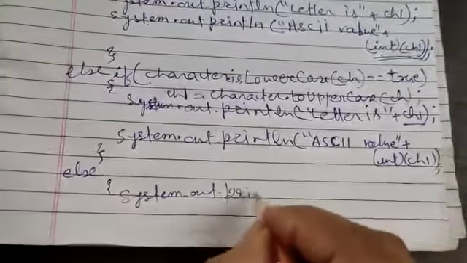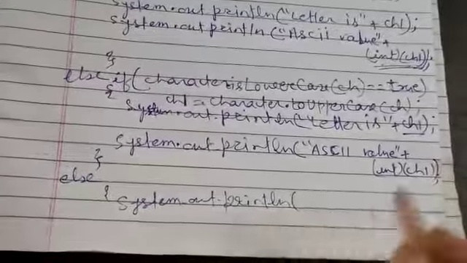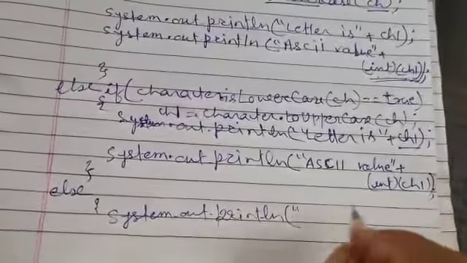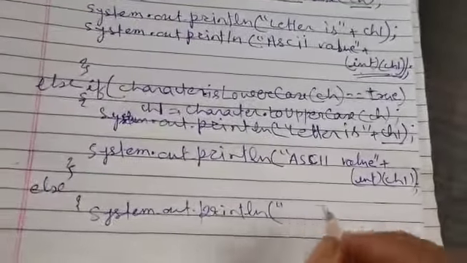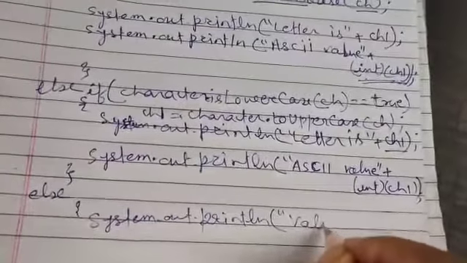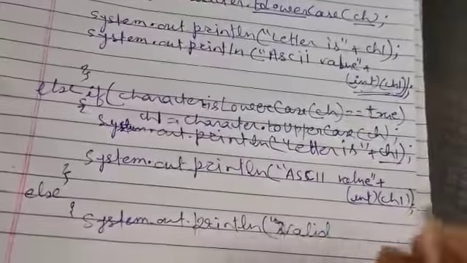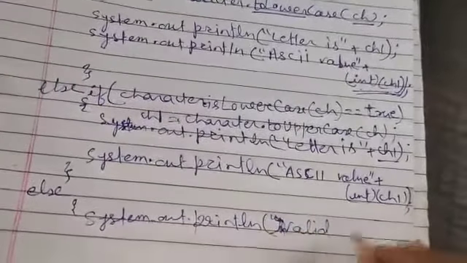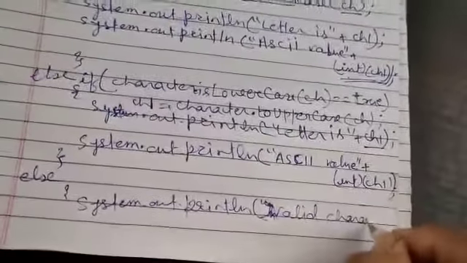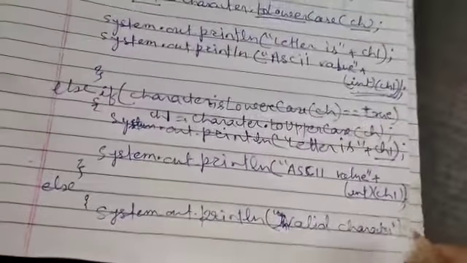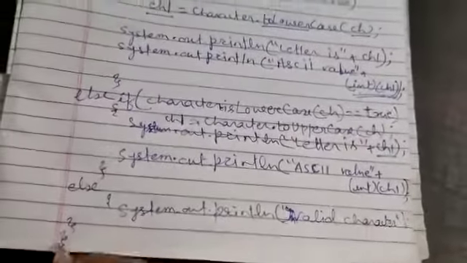If it is not an alphabet, then I will write System.out.println("It is an invalid character"). It is an invalid character. Okay. So now it is over.